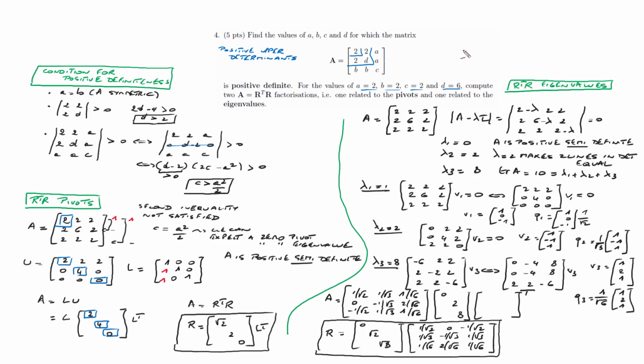Remember that we have to consider A minus lambda times the identity matrix times vi, right? And i is going from 1 to 3, and this we have to set to 0. So if we take lambda 1 equal to 1, we plug it in. This is the system of equations that we obtain.